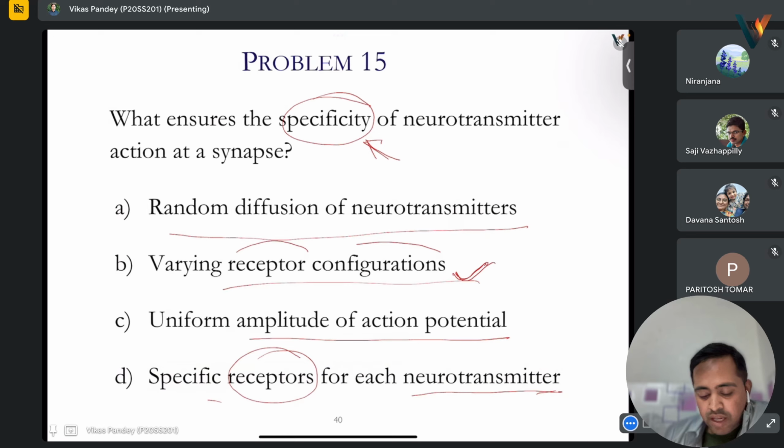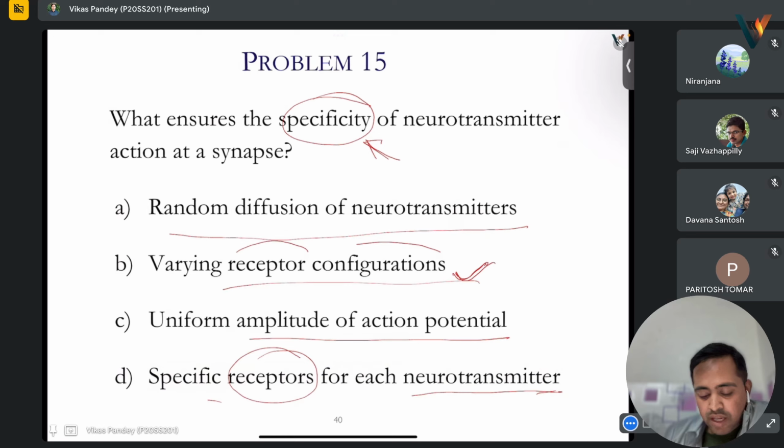Sir, my question is, aren't there receptors which just have varying configurations, or is that the reason for the answer? I'm just asking, do these varying receptor configurations not exist? They will exist.